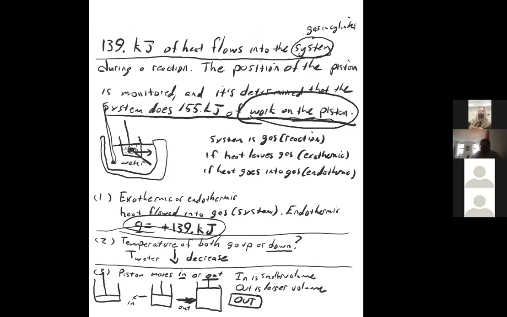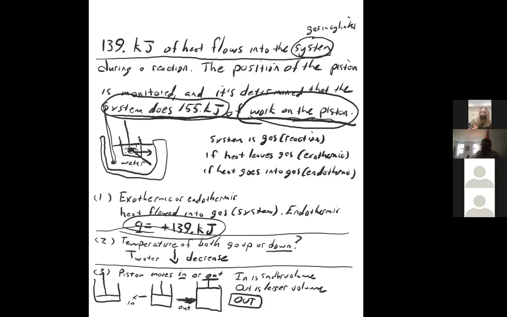So let me show you how that works. The sign of the work is this. If the system does work on the piston, it's negative because the system is giving the energy to the piston, okay? So since it says the system does the work, our sign there would be negative, okay?